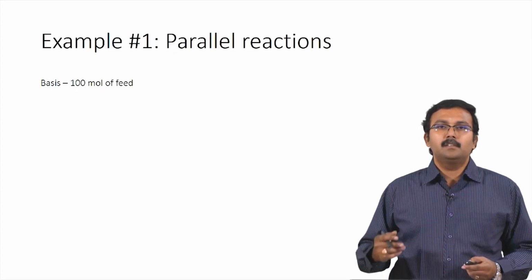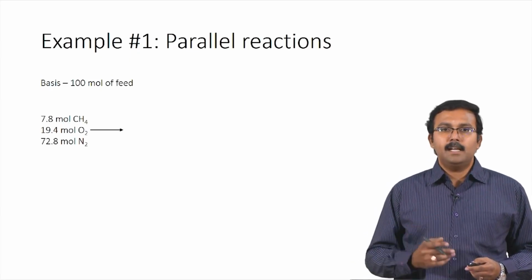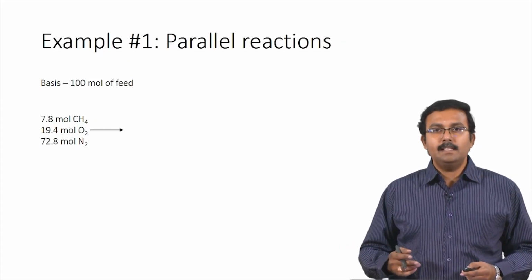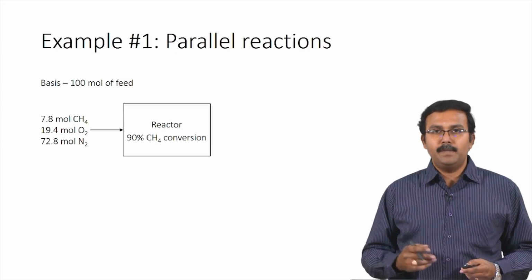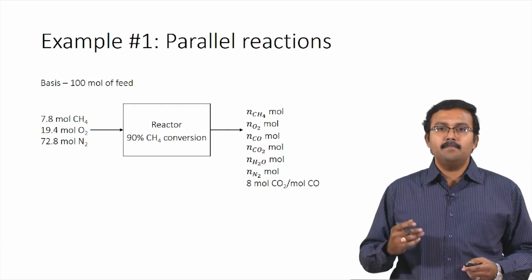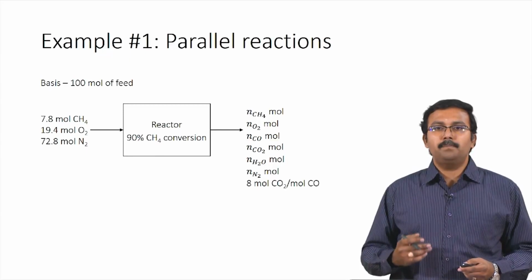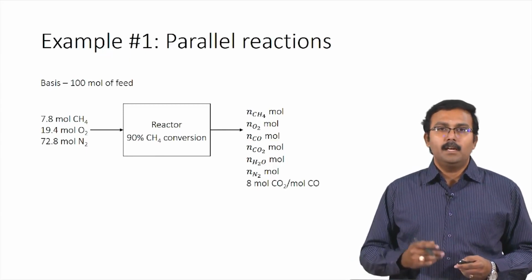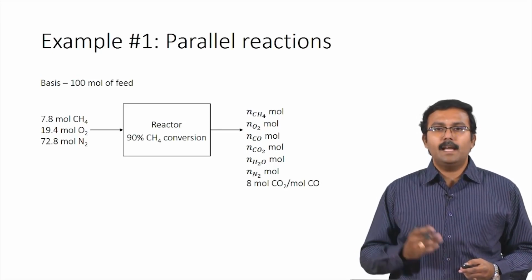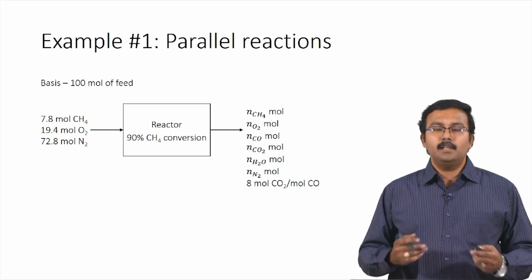We can calculate the composition of the feed stream as 7.8 moles of methane, 19.4 moles of oxygen and 72.8 moles of nitrogen entering the reactor, where 90% of methane is converted to form the product stream, which contains unreacted methane and oxygen and also contains carbon dioxide, carbon monoxide, water vapor and nitrogen leaving the system. It has also been given that the ratio of carbon dioxide to carbon monoxide is 8 moles to 1 mole. So this is the selectivity for the reaction.